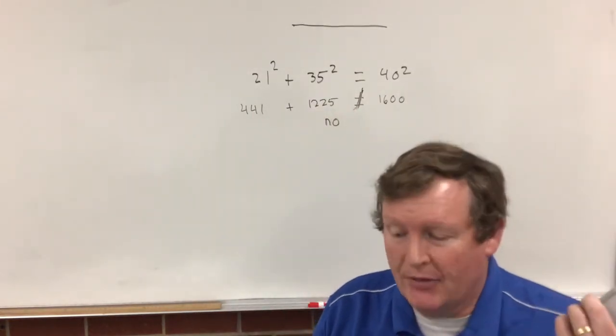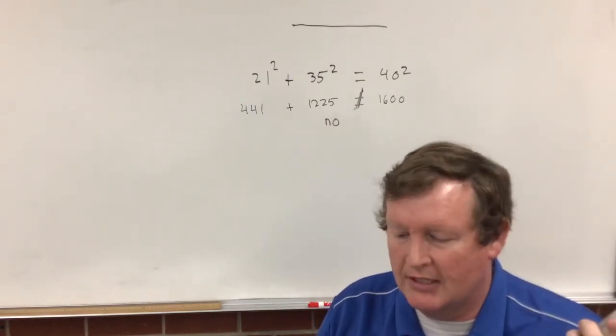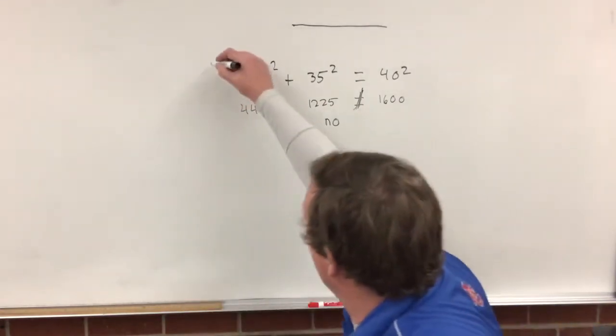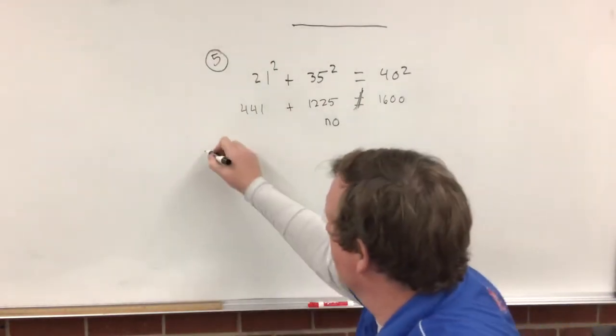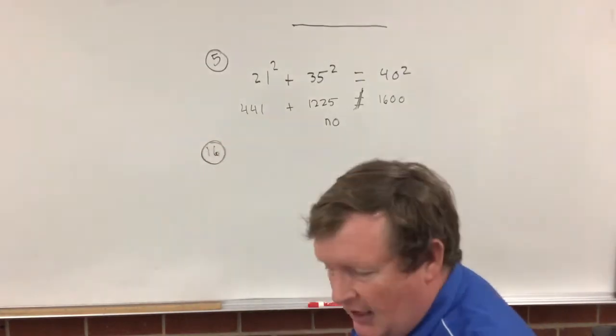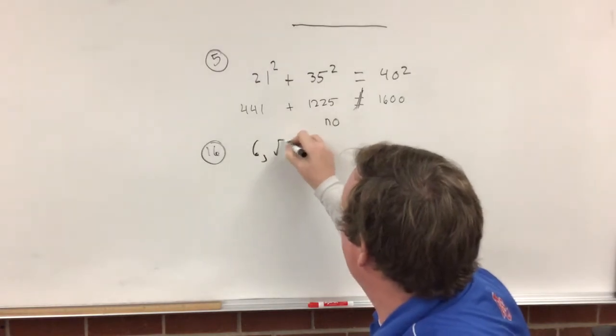So let's talk about the ones that may seem a little bit tricky. Let's go down to the ones that are like in 16 to 21. So this one was number 5. Don't forget to do number 5. Let's look at number 16 though, because they give us a square root, and it's like, well, what do we do with that?